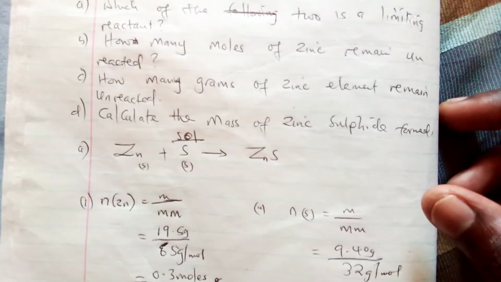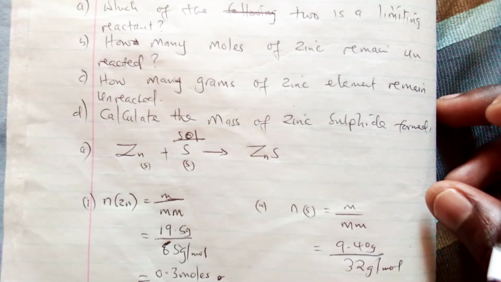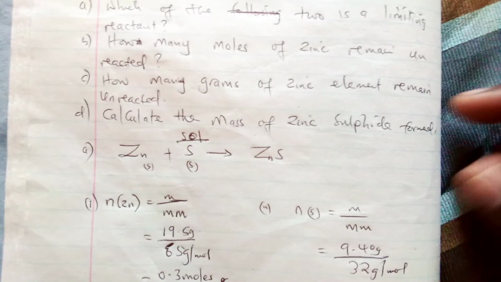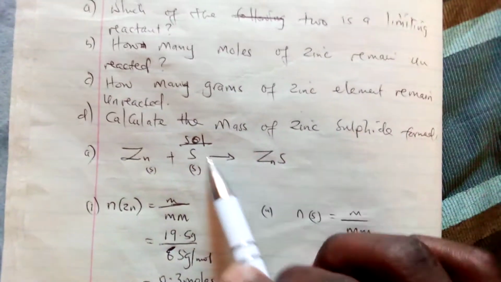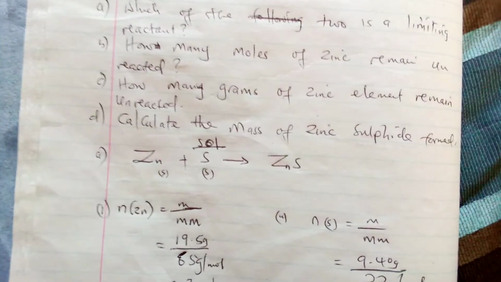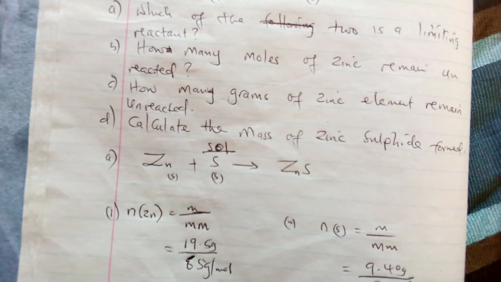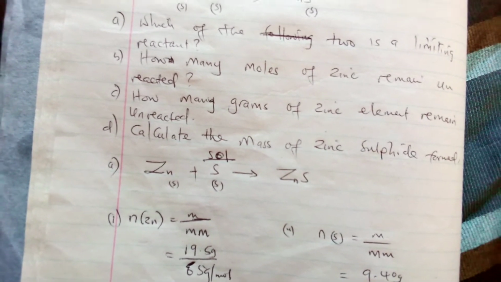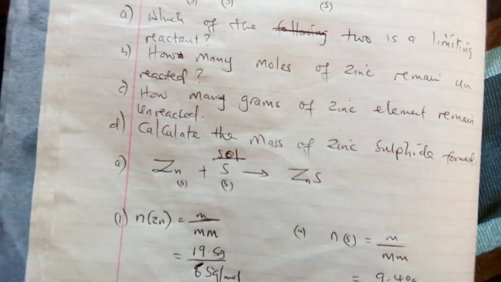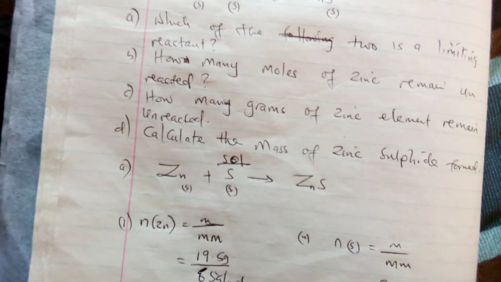Part D is telling us to calculate the mass of zinc sulfide formed. So please, what they want is a product. Wherever you are finding the product, you always use the mass of the limiting reagent.